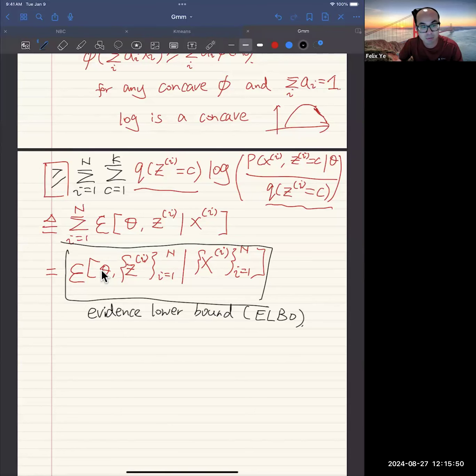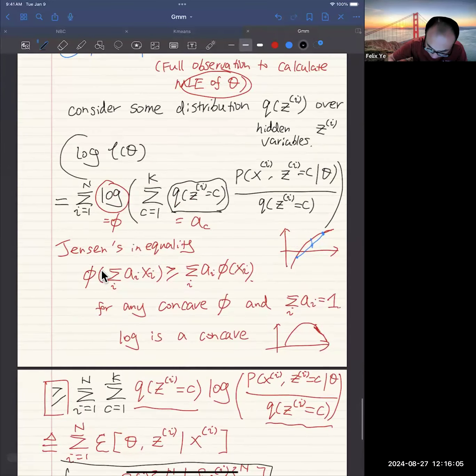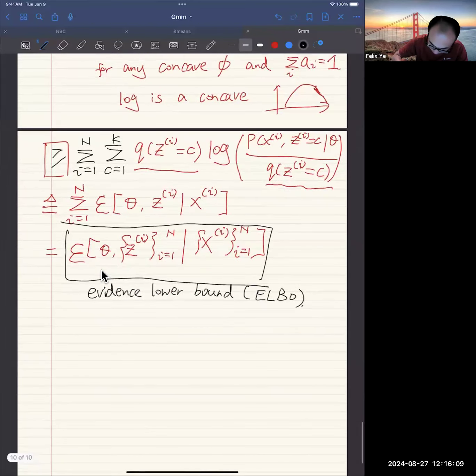The reason it's called a lower bound is that this is actually a lower bound of the log marginal likelihood of the model function we're interested in. So this is a lower bound of the log likelihood.